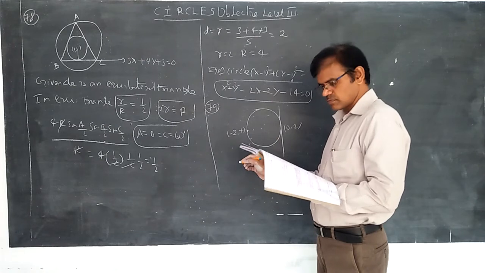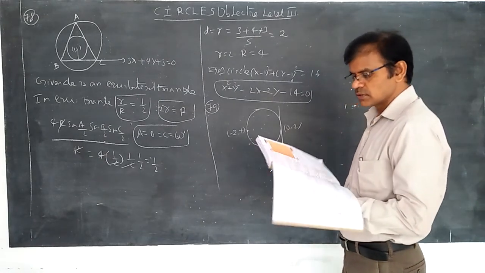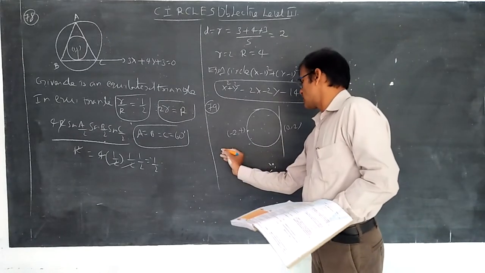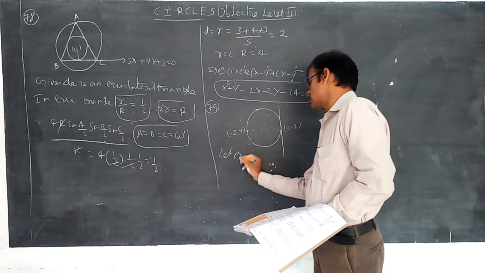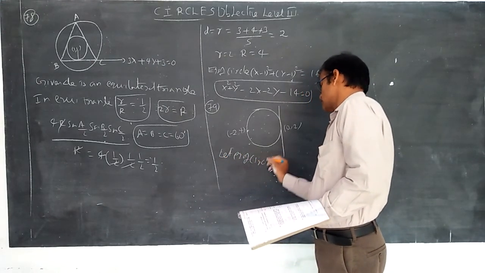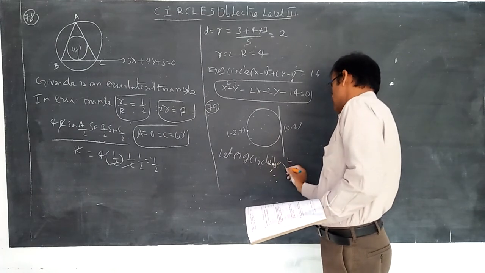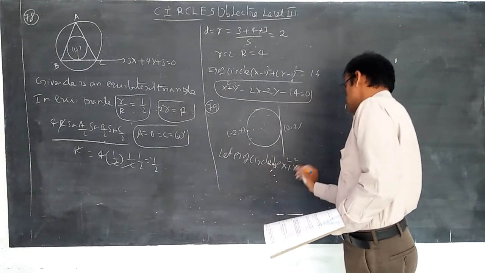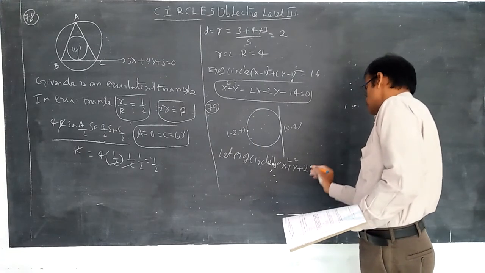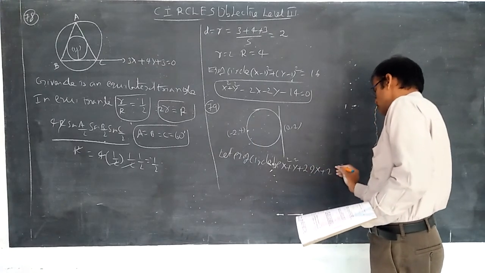In the same process as the concept of the 76th question, let the equation of circle be x square plus y square plus 2gx plus 2fy plus c equal to 0.